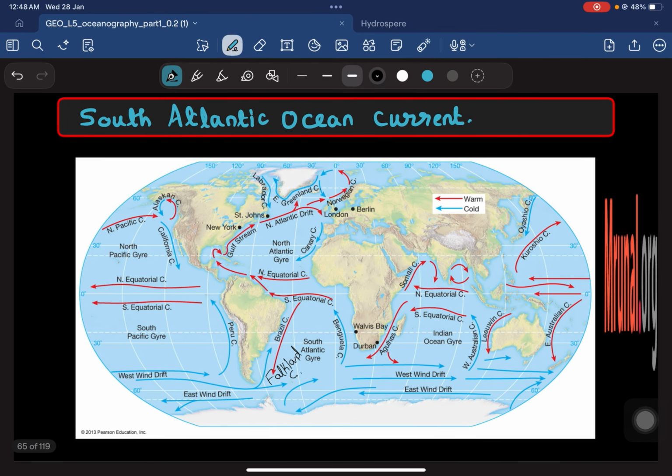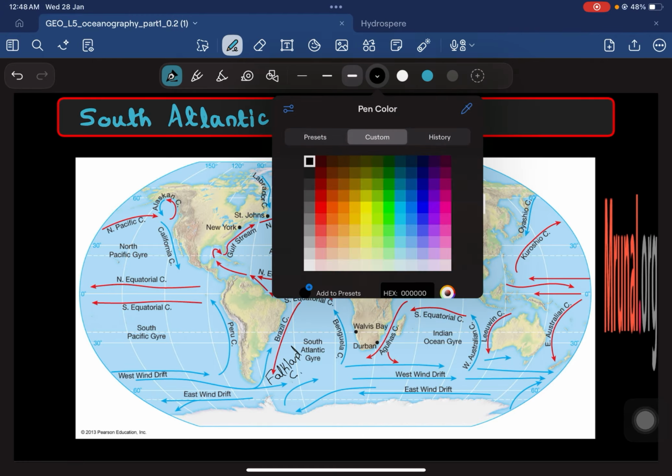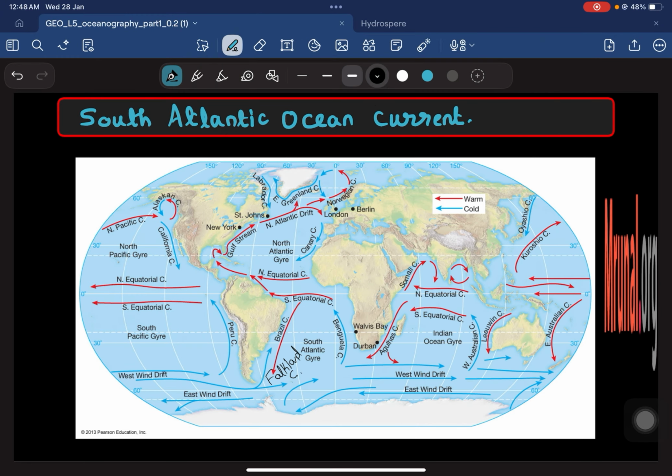Next one is the South Atlantic Ocean current. Now just focus here, this is the South Atlantic Ocean, right? It starts as usual. The South equatorial current will move from east to west. Why? It is anti-clockwise.